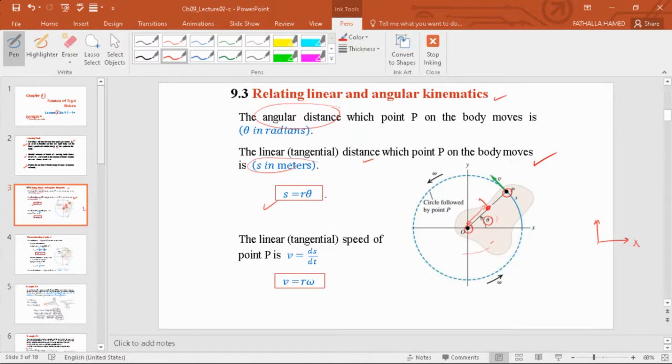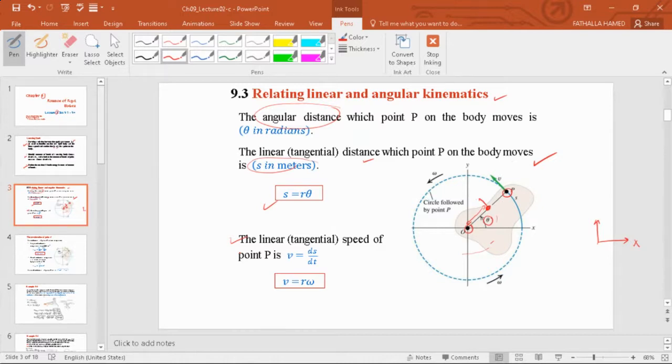Now, if we follow this definition, we can look at linear tangential speed. Remember, when we talked about circular motion in chapter number 3, we said we have two types of circular motion. We have uniform circular motion, in which the speed is constant, but you cannot say the velocity is constant because you're changing the direction of your velocity.